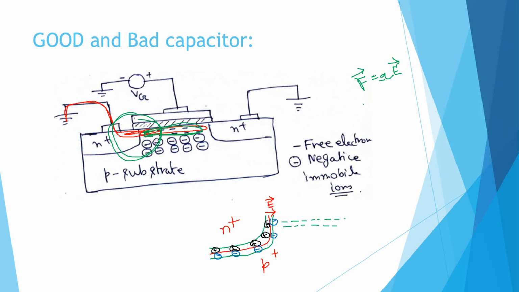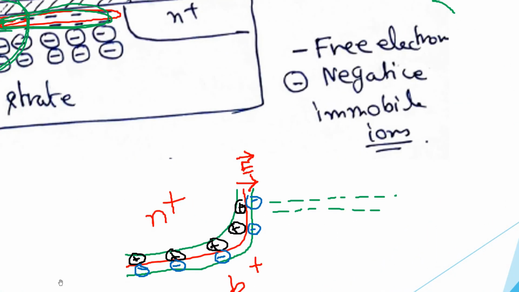As a result, the force acting on an electron is always in the opposite direction to the electric field. Suppose the electric field is in this direction, the force will act in the opposite direction. Now if you observe carefully, see here, consider one electron: the electric field is from left to right in the depletion region, but the force acting on the electron will be from right to left.